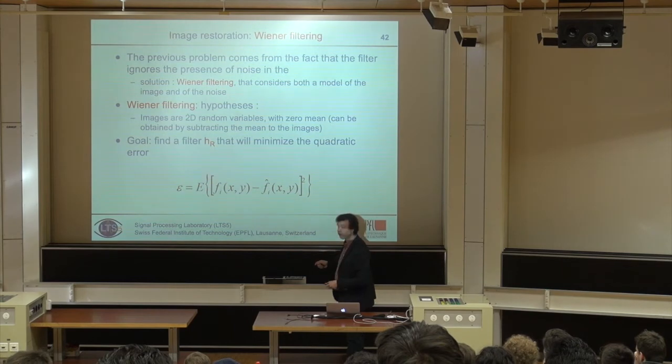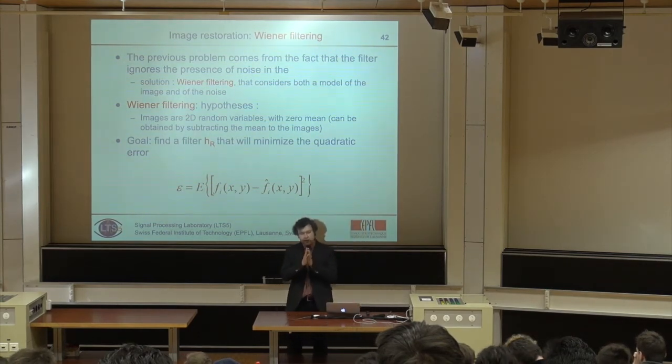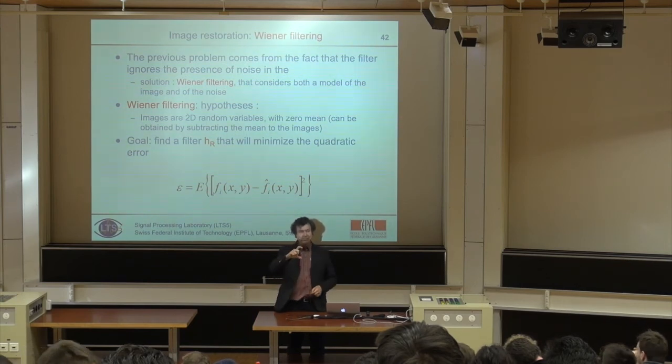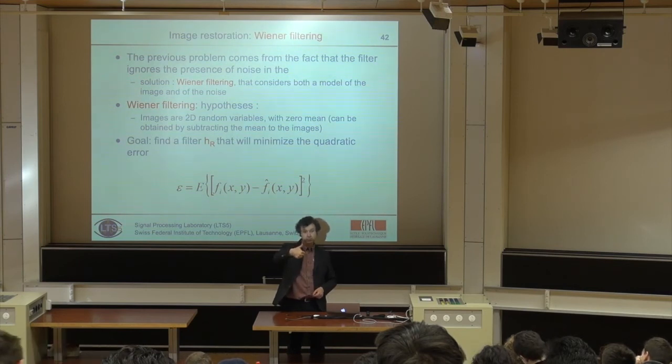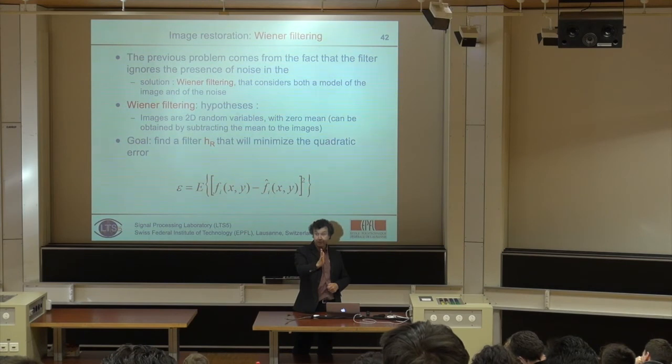It's called the Wiener filter, which, to see it intuitively, is just a filter that at each frequency will estimate whether it is worth doing the inverse filter or not, by estimating the amount of energy in the image and the amount of energy in the noise at that frequency, and decide whether it should really boost that frequency or not, depending on whether you have a lot of image and little noise, or a lot of noise and little image.